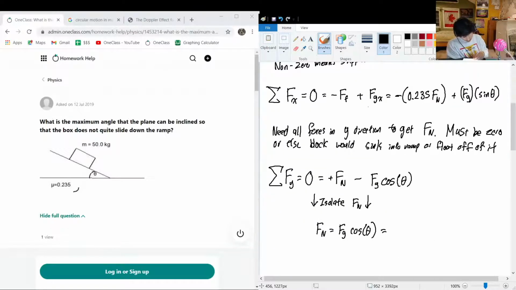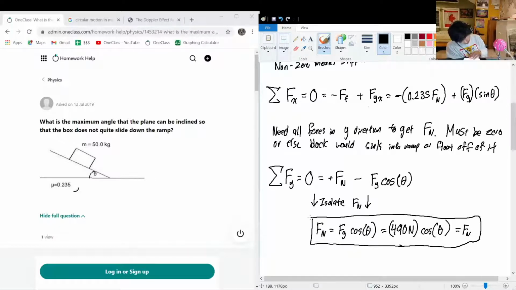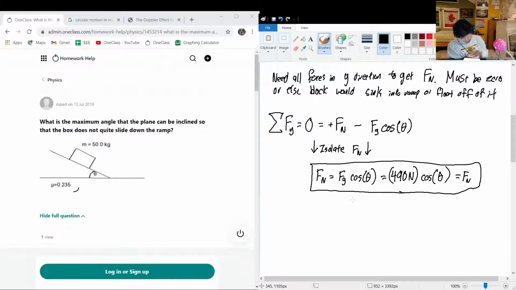So 490 newtons multiplied by cos of the angle. Now that we have this relationship for Fn, the normal force, we can sub that into our x forces equation.